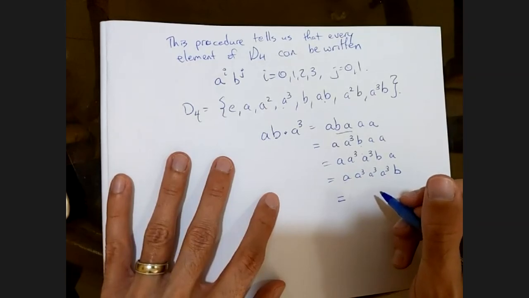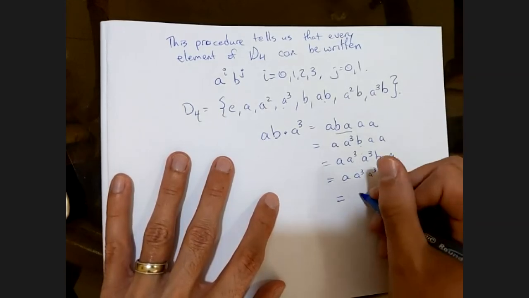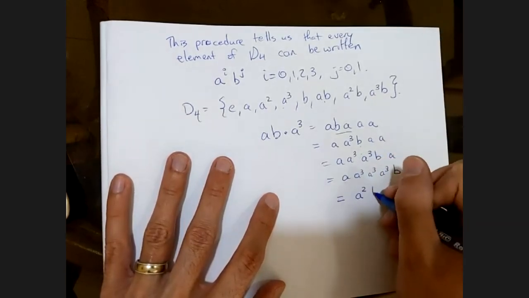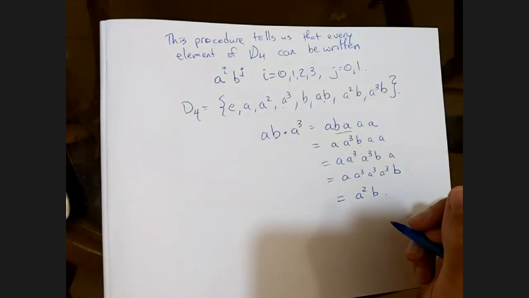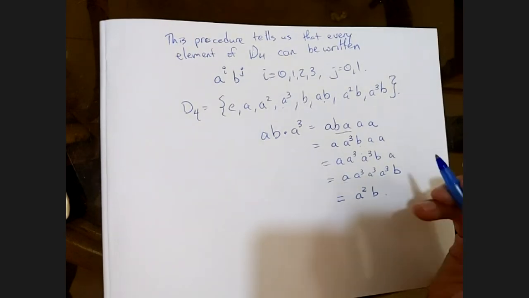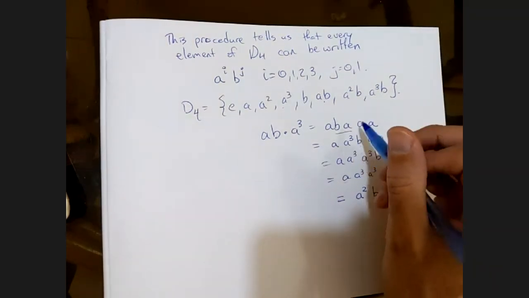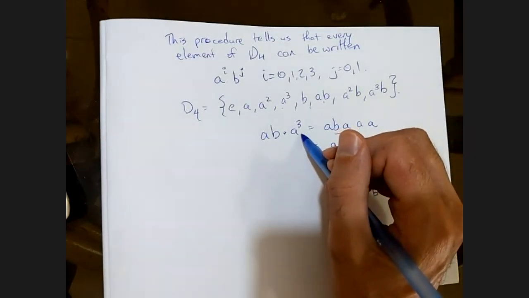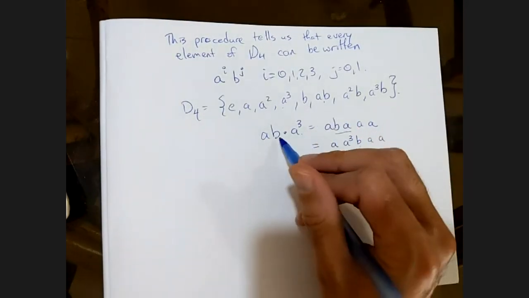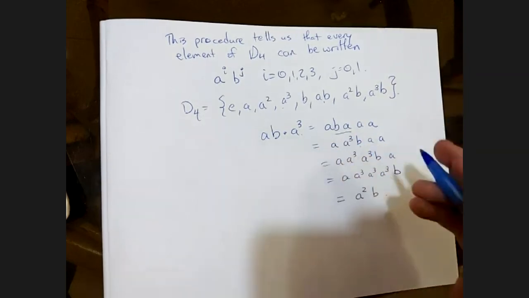A to the 10th is really A to the 8th times A squared. A to the 8th is the identity. So I have A squared B. And notice, when I had to do B times A cubed, I could have just written it. It turns out B A cubed is just AB.